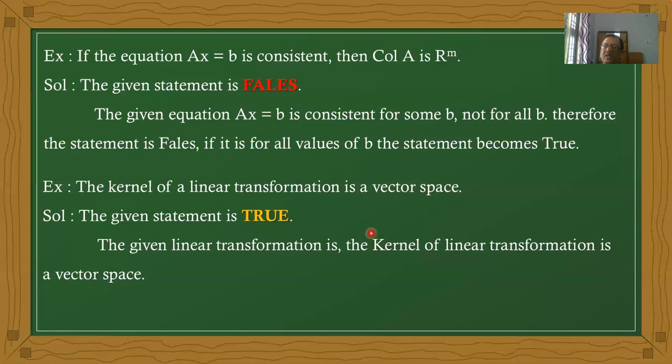What does the kernel contain? The condition is similar to null A. The definition: if a vector x belongs to null A, it should satisfy the condition Ax equal to 0. That is similar to the kernel property. Therefore, the statement is true.